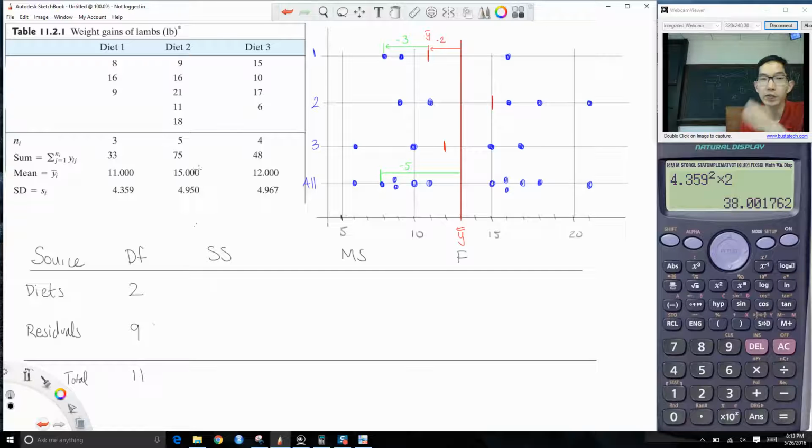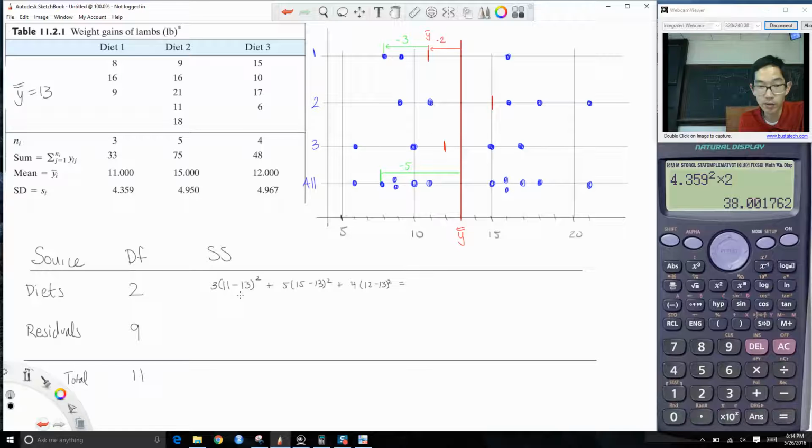The sum of squares due to the diets: we have the grand mean equal to 13. So 11 minus 13 squared times 3, plus 15 minus 13 squared times 5, plus 4 times 12 minus 13 squared.